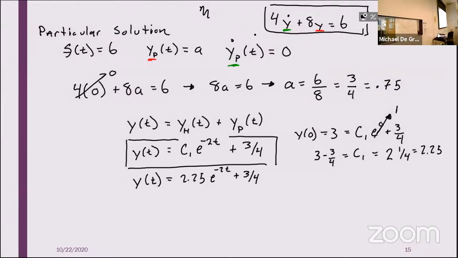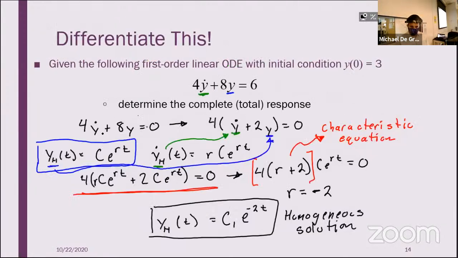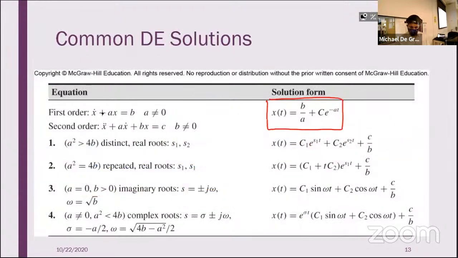There it is. I said that this is the long one. Why is this the long one? Because hopefully you remember that two slides ago, I showed you that really awesome table with the solution forms. We just did this by hand anyway, but let's take a look there. That's B over A plus C. So let's write our equation that way.